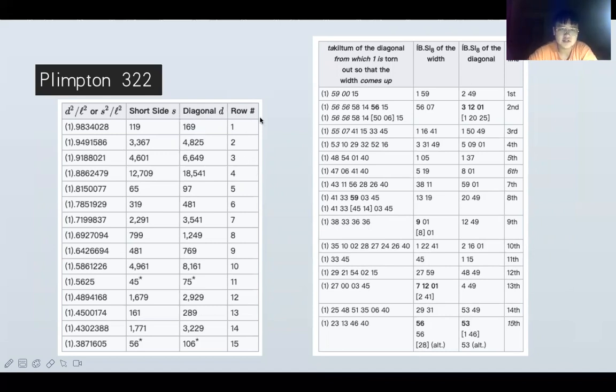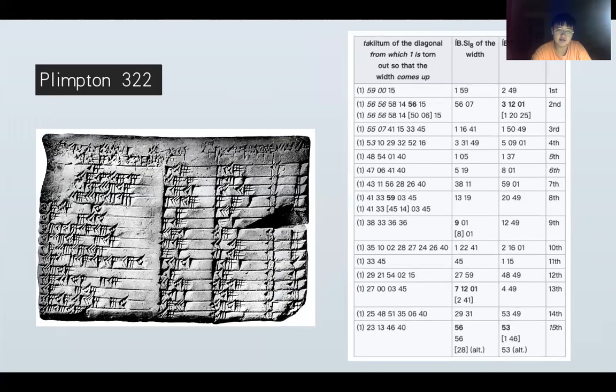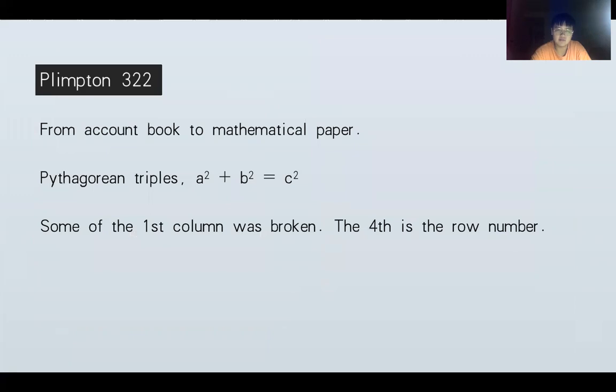Okay, after the translation from sexagesimal to decimal, we got those numbers. At first, if we look at those numbers, we might not think about something. However, as I wrote in my earlier presentation, the Pythagorean triples, which is a squared plus b squared equals c squared, have a lot of geometry meaning, right?